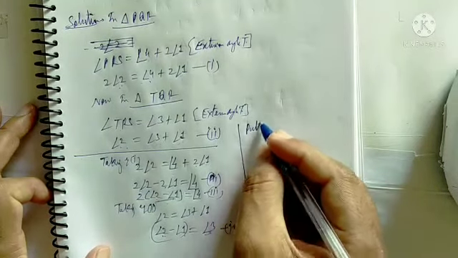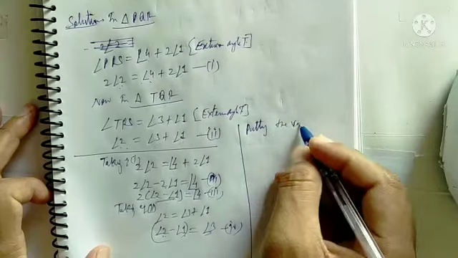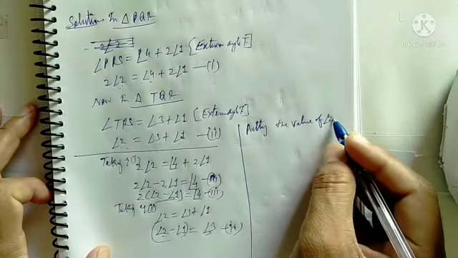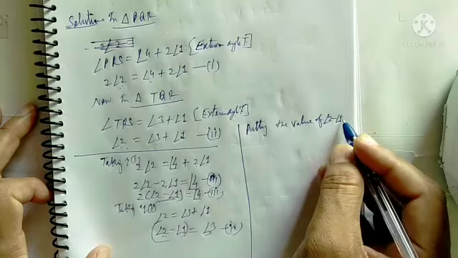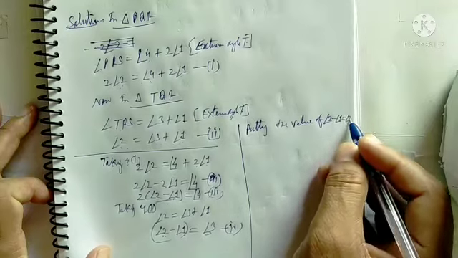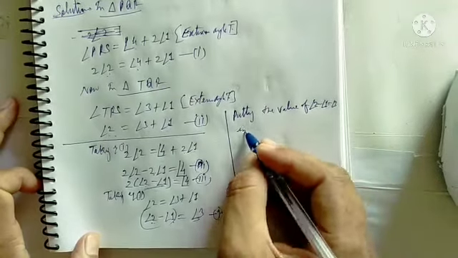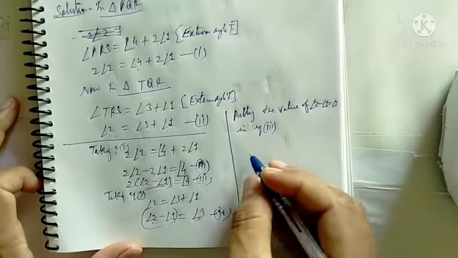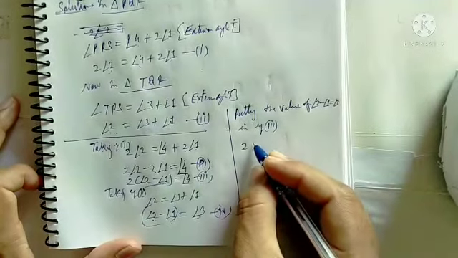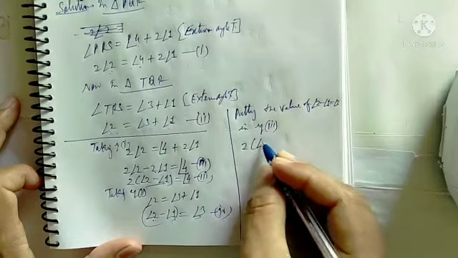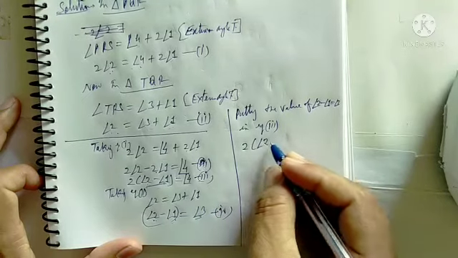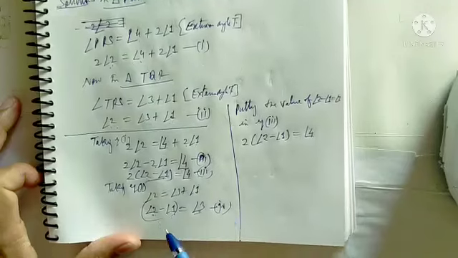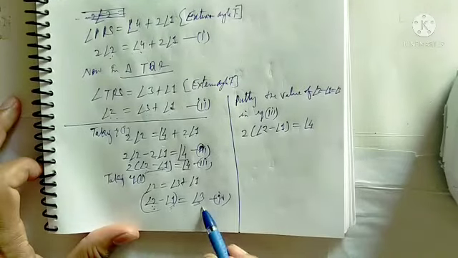Putting the value of angle 2 minus angle 1 equal to angle 3 in equation 3. Equation 3 is 2 outside and in brackets angle 2 minus angle 1 is equal to angle 4, and the value angle 2 minus angle 1 is equal to angle 3.